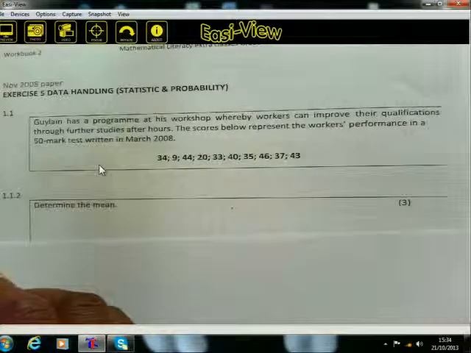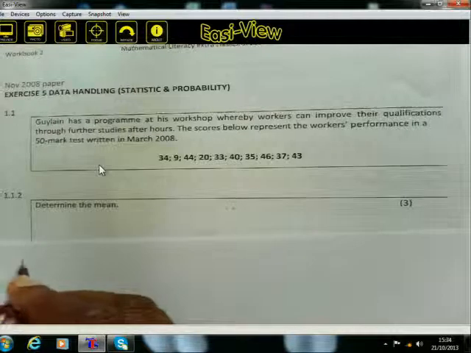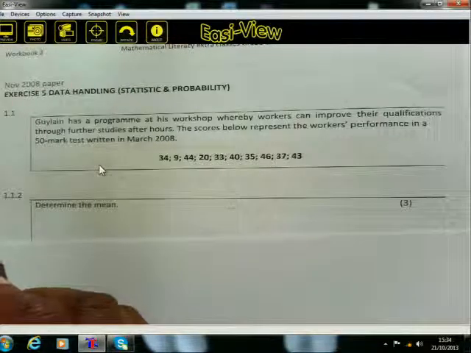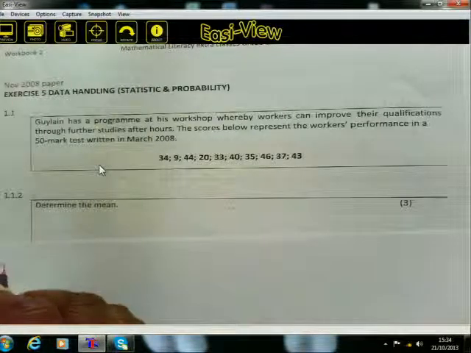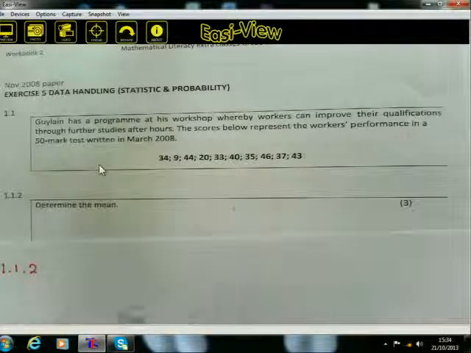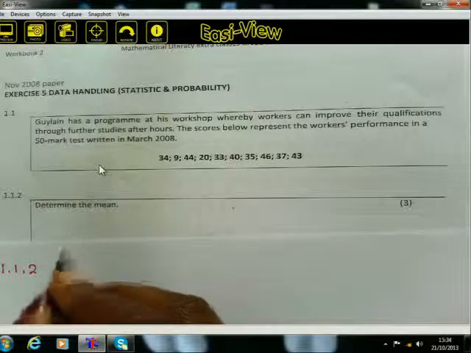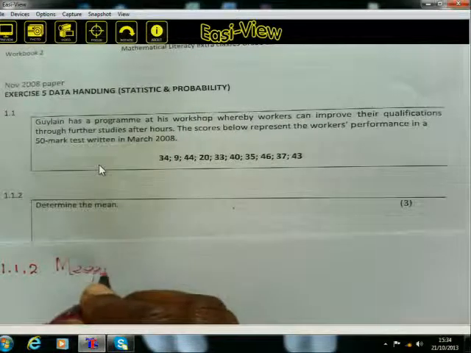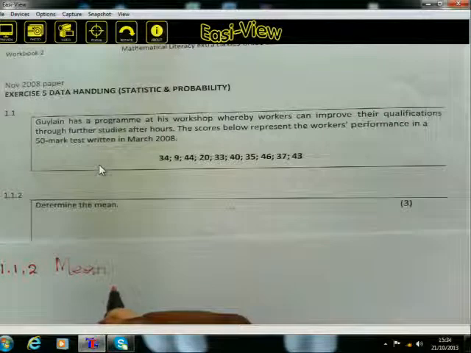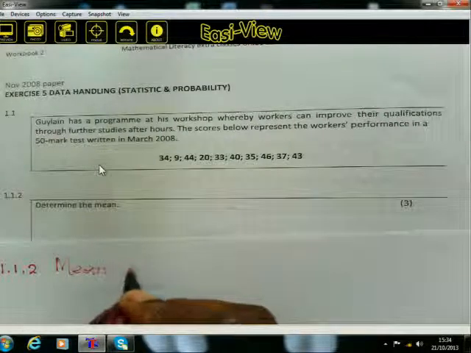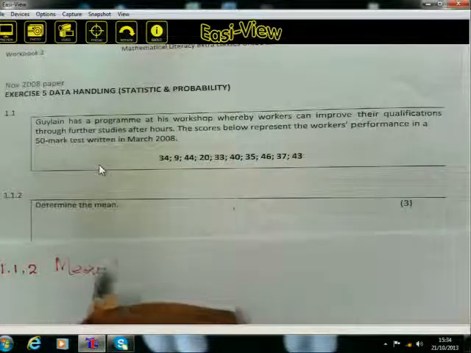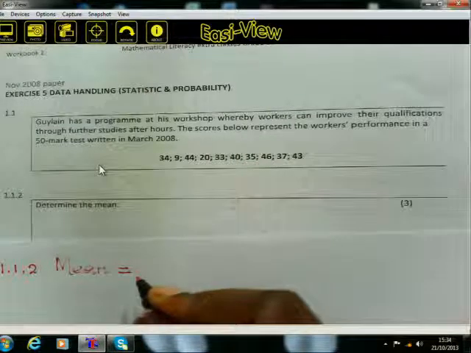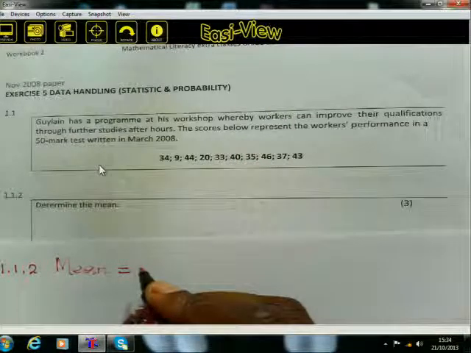Before I answer the question, I have told you that numbering of a question is very important. It's 1.1.2. So you are requested to determine a mean. How are you going to write it? First of all, you say mean. Very important, because we need to understand what you are dealing with. So you say mean is equal to, then you go back to your data.